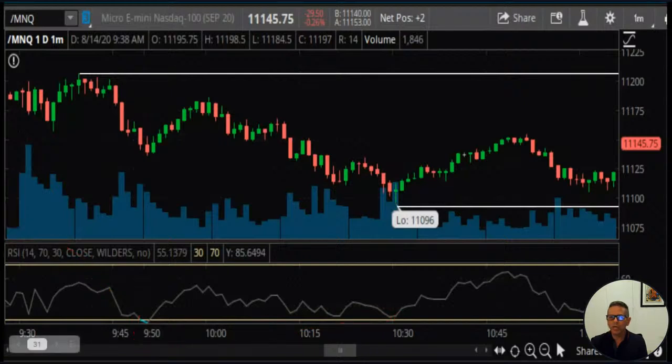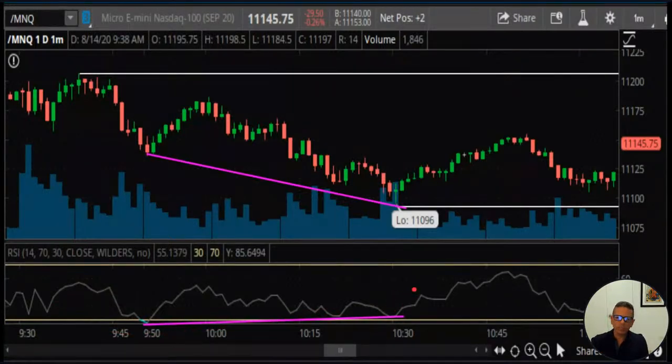So you have a trend line here, and you have a trend line here, and they're going against each other. So what happened was it was losing momentum, and when you're looking at this, you're seeing, okay, we're losing momentum here, so a bottom is coming near, right? And that's exactly what happened. It's called divergence.